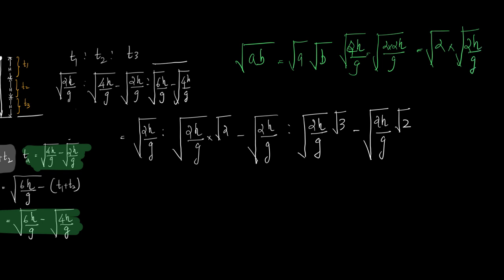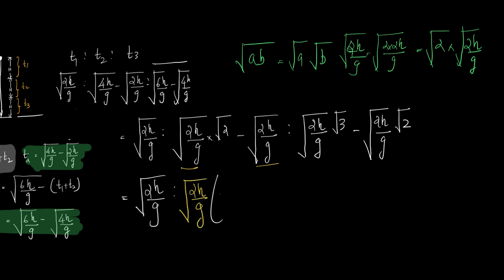Simple. Now here I'll write root of 2h by g as is. Now I'll take root of 2h by g common.